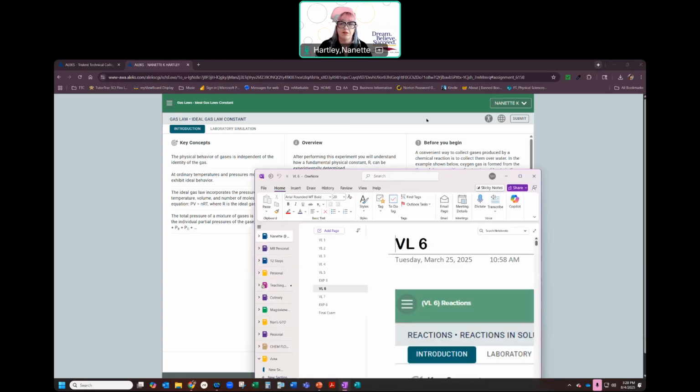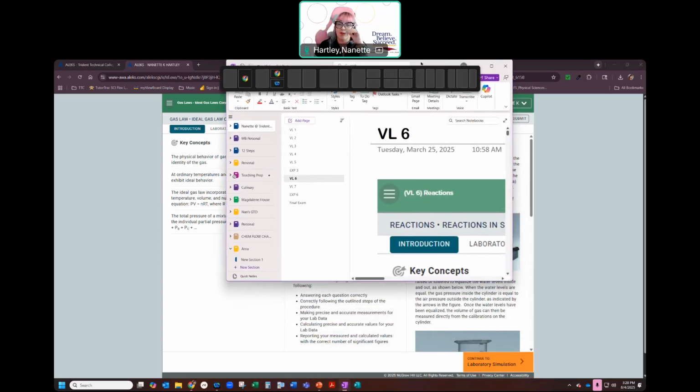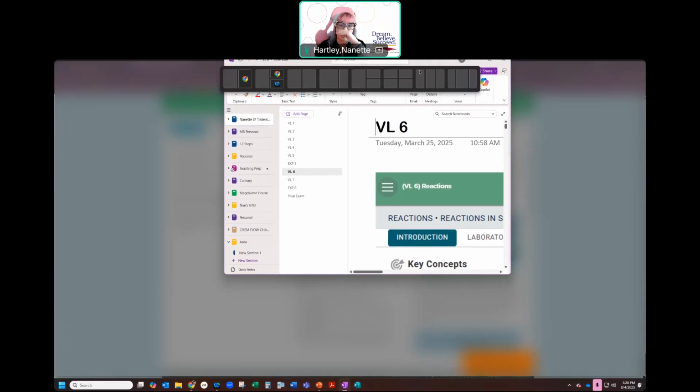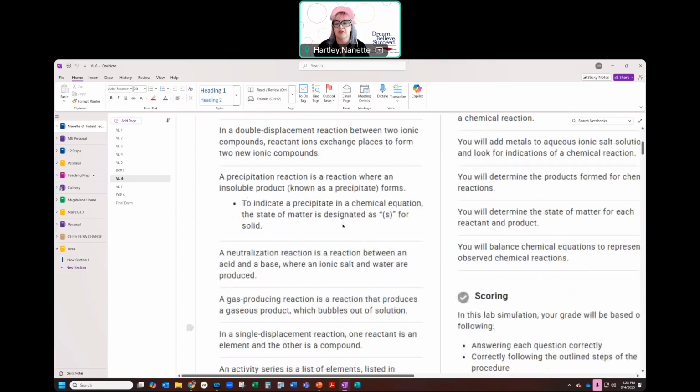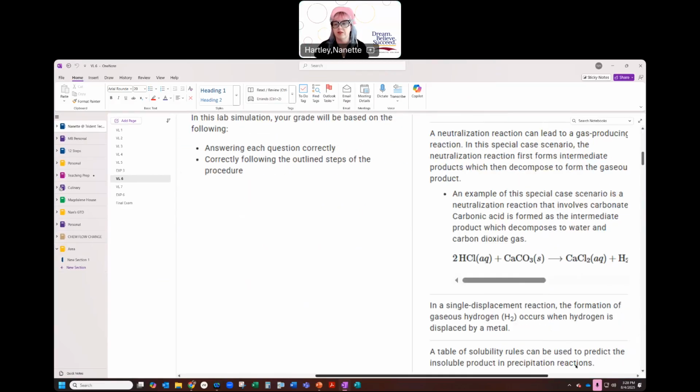I make myself a set of notes that I've screenshotted, and things that I printed from the labs. So this is the introduction, all of the information from there that I have screenshotted.